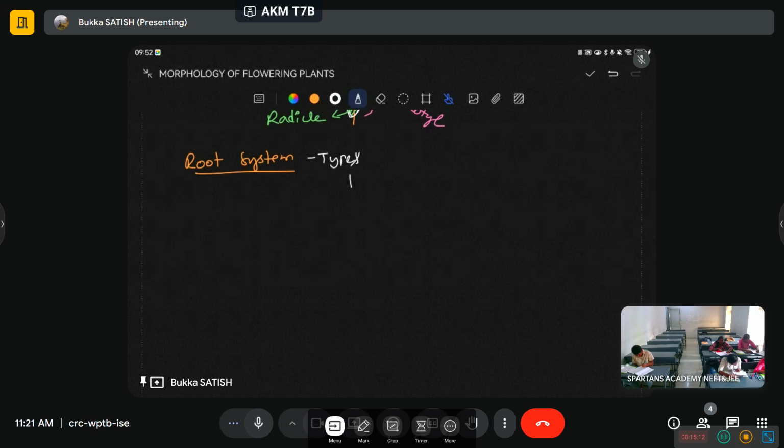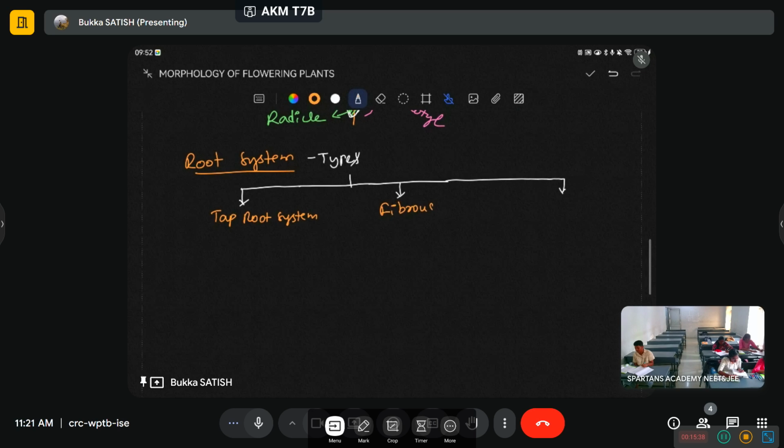Okay. Just try to understand. I'll just give the flow chart here. There are three different types of root systems: taproot system, fibrous root system, and then adventitious root system.